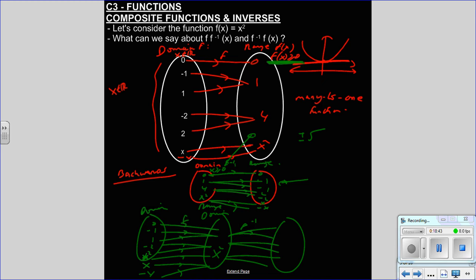The problem, do you see, is that this is a one to many, and therefore it is not a function, okay? So functions only have inverses if, notice, this was a many to one and it produced a one to many operation which is not a function.